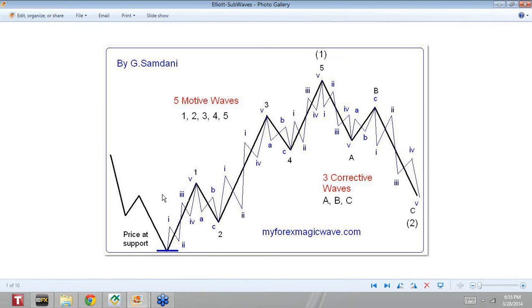This whole thing makes wave 1 of a 4-hour chart, a 1-hour chart, a higher degree. And then you have this A, B, C correction. So you have 5 waves going up, 3 waves coming down, but it is only wave 1 and 2 of a higher degree, we call it. So all these small waves happening on a 15-minute chart make wave 1 and 2 of a 1-hour or a 4-hour chart.